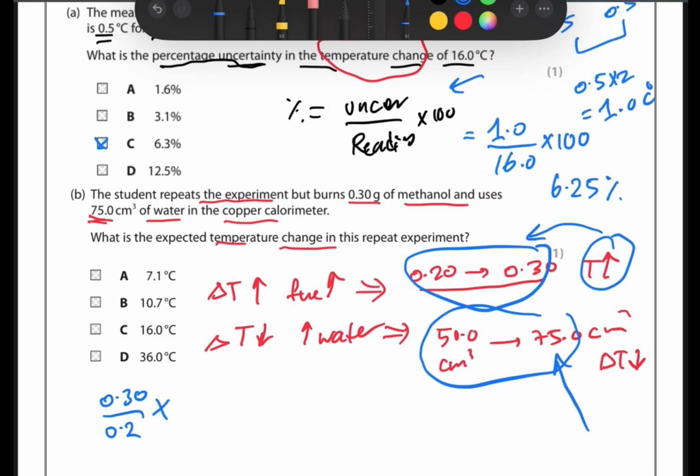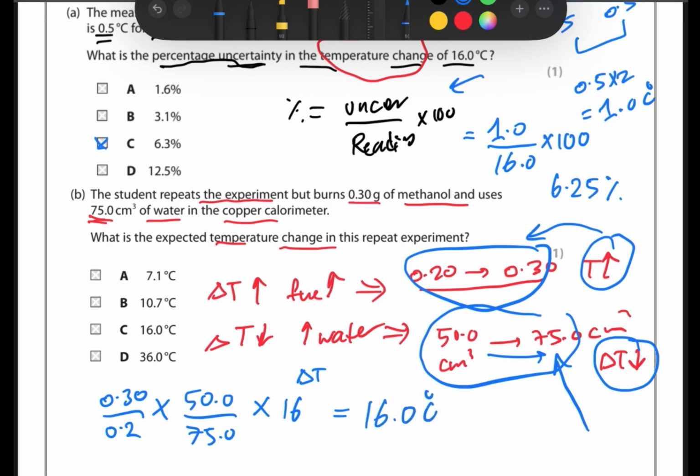The water here is increased, which means delta T will decrease. So we take the fraction of 50 cubic centimeter over 75 cubic centimeter. And then we multiply them with delta T, which is 16. And if you apply this rule, you will end up with a value of 16 degrees Celsius.